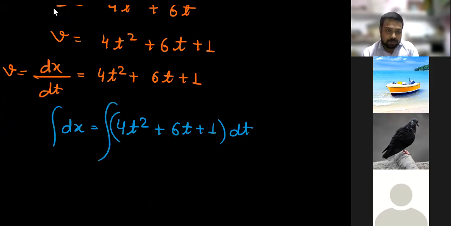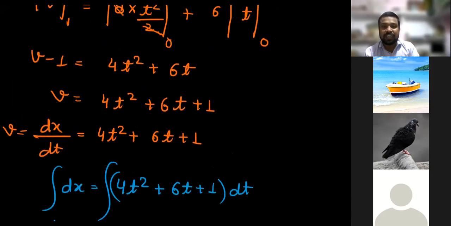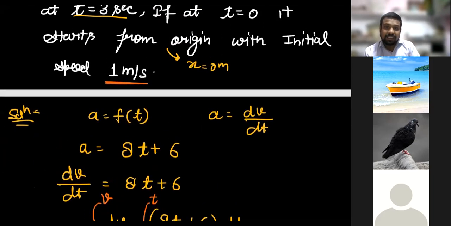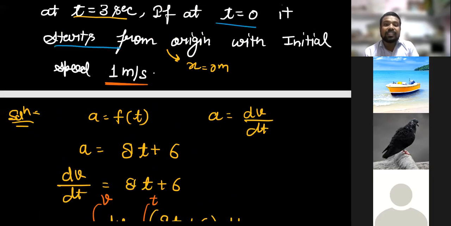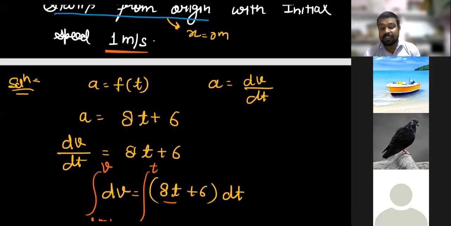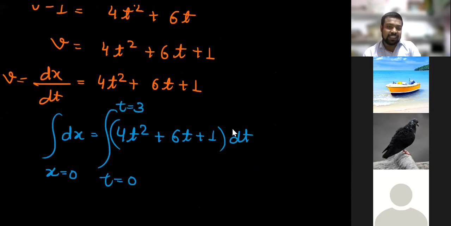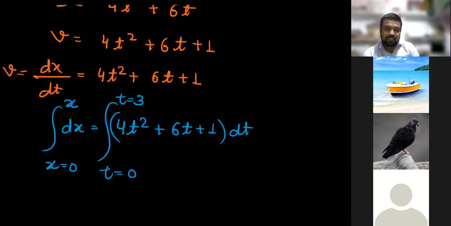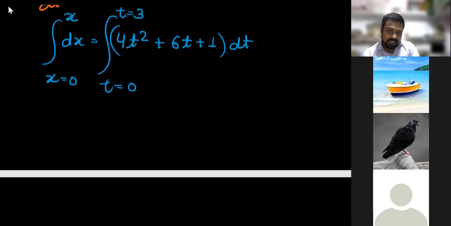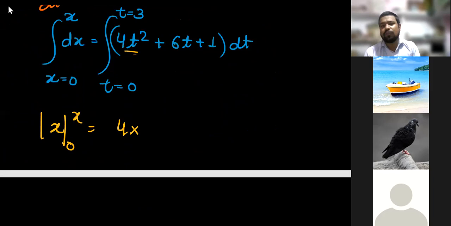Taking an integration on both sides: at t equal to 0 the position of this particle is 0, because in this question it says that at t equal to 0 the particle starts from origin, that means x equal to 0 at time t equal to 0. And at time t equal to 3 seconds, the position is x. Now the integration over dx is x, limit is 0 to x, equal to 4. Then tell me, my dear friends, the integration over t square is what?